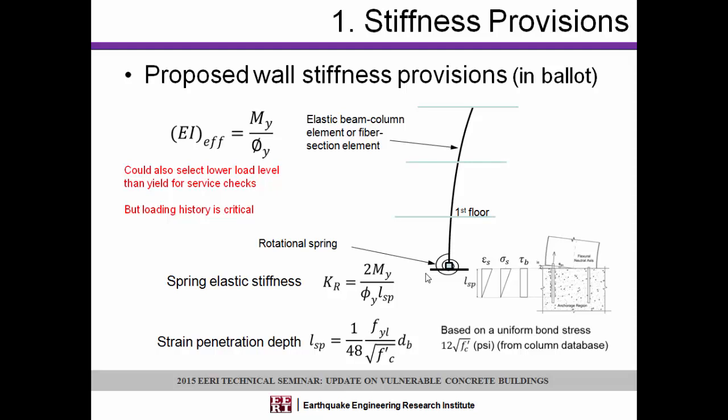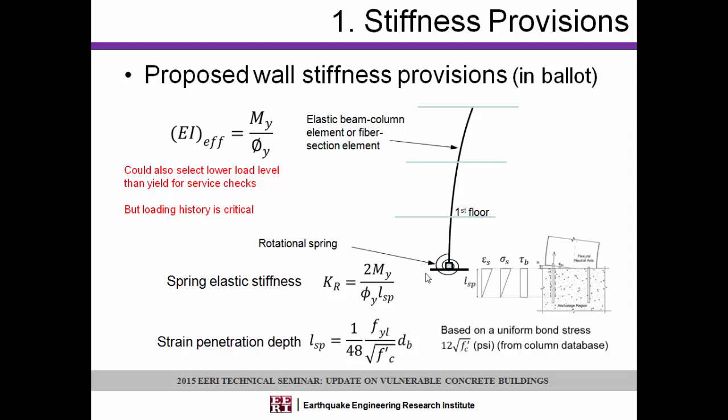But I caution everybody in terms of loading history. You can only use the higher stiffness for service levels if your structure did not reach a near yield state. If your structure in its history reached a near yield state, then it has softened already. You'll never recover that higher stiffness.